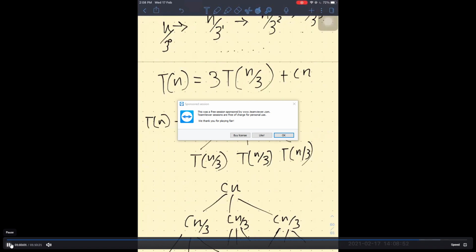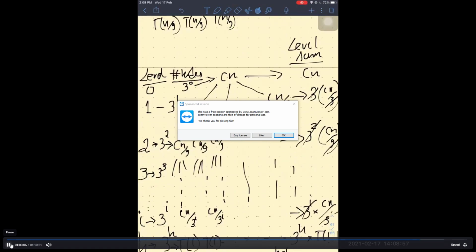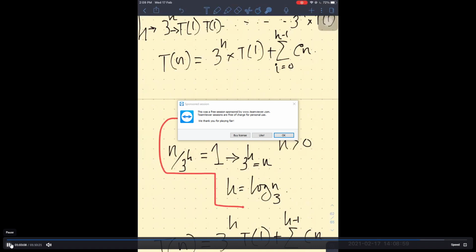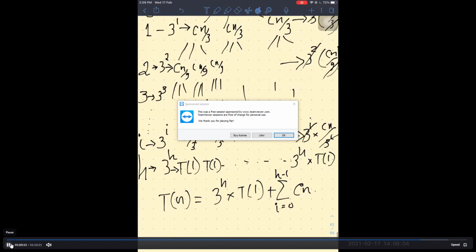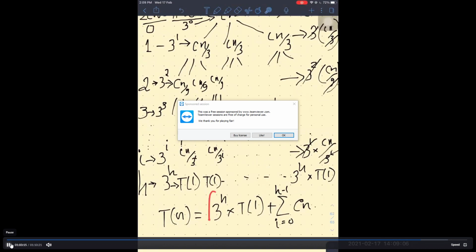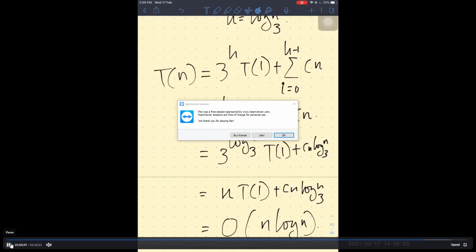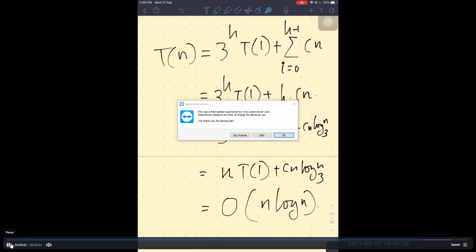It depends on the given equation. According to that assumption, you find the final formula for the summation of all the nodes in the tree. Then you put the value of that variable h in terms of n, and you get the answer. This is the general procedure for solving all recursion trees.